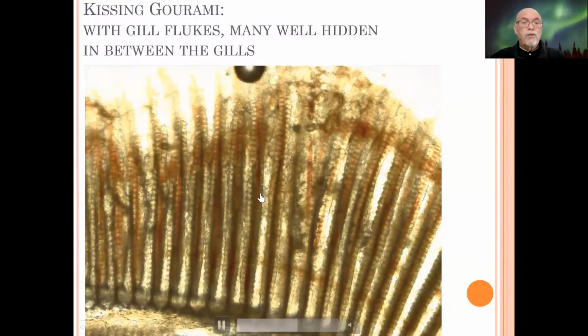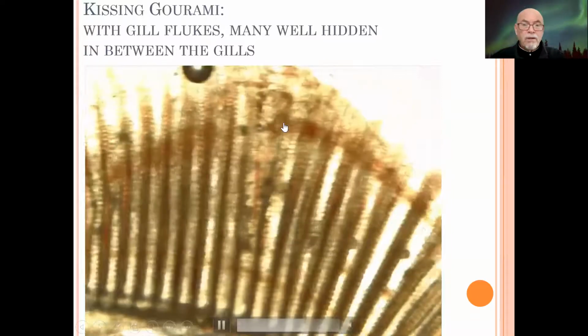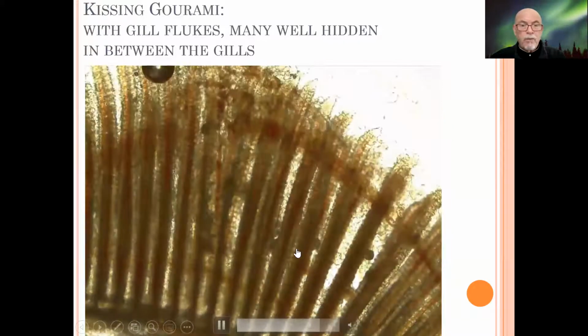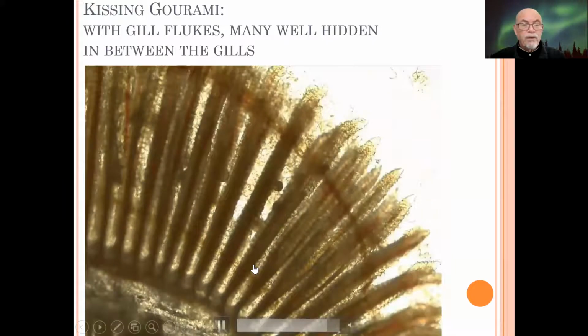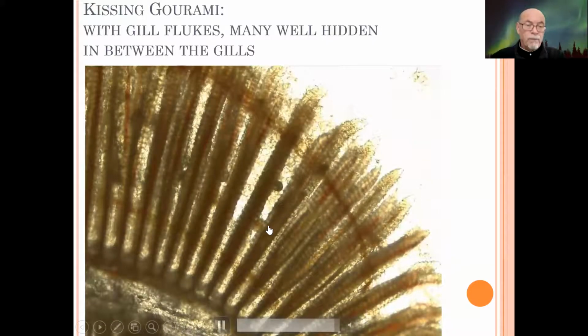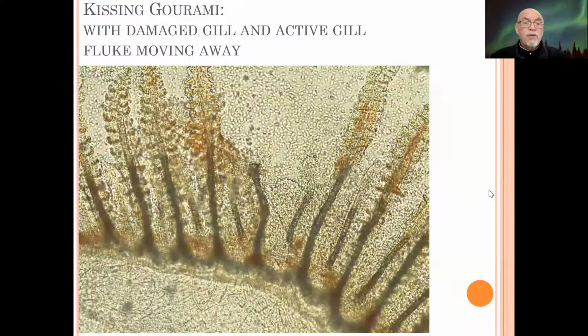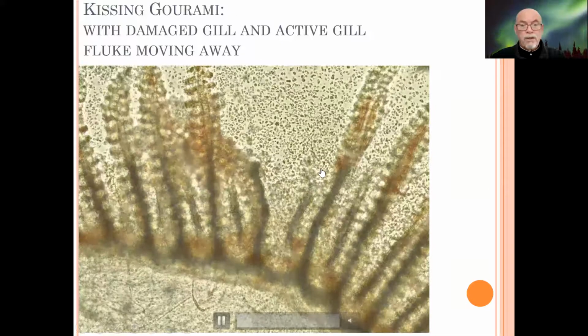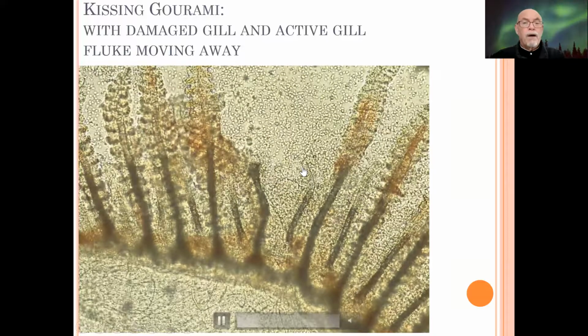And what we also notice that many are in between, here between the gills. All those black here, here, some are moving, some are not actively moving, and there are quite a few here, which is of course stressing our fish or kissing gourami, and also can cause a lot of damage, like you can see here. You see here the gill filaments are broken, are damaged.